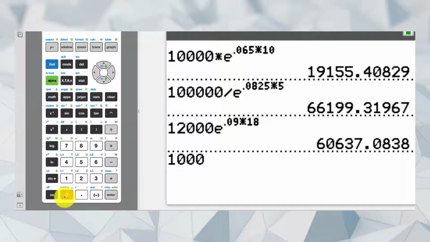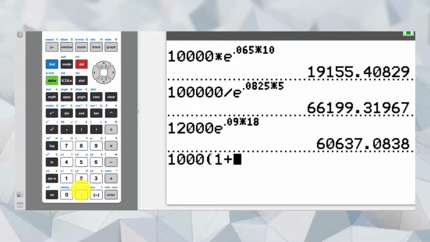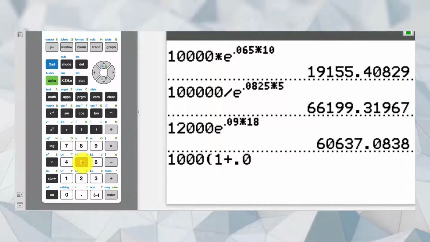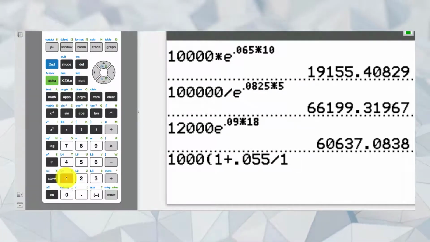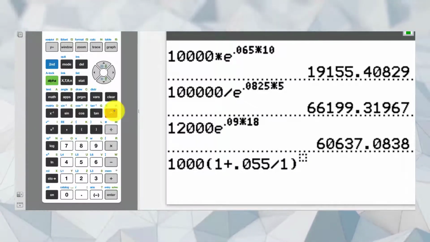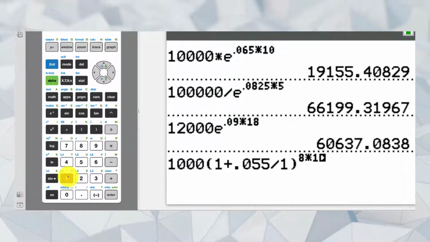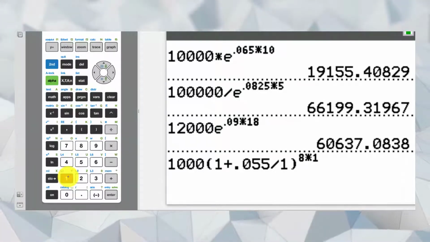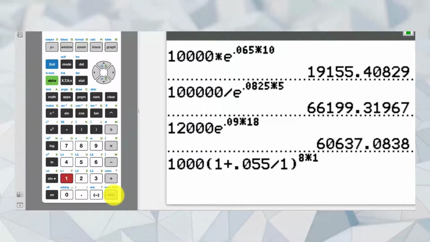Initial investment, $1,000 times 1 plus rate is 5.5%, so 0.055. And I'm going to say divide by 1. This is going to be my annual rate. Okay, divide by 1 to the power of I'm going to say 8 times 1. Okay, I don't need the times 1 right here, but you'll see, I'll use it later. So this is when I compound once a year, the interest falls at the end of the first year.